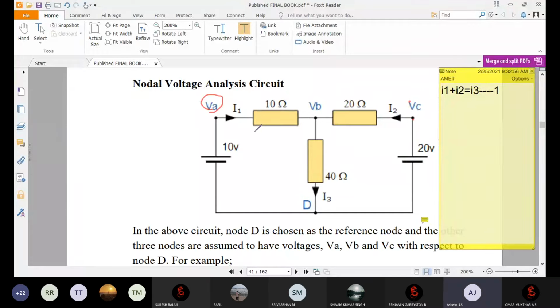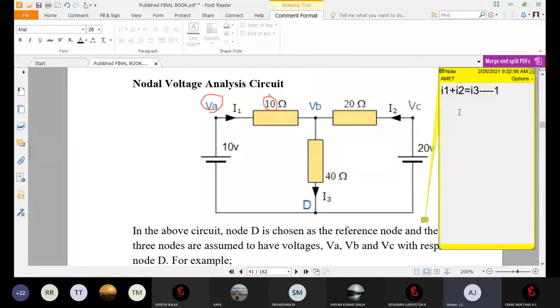Similarly, I1 I will represent as VA minus VB. You know I is equal to V by R. So the voltage is VA minus VB. What about R? R is nothing but 10. So I will make the equation as (VA minus VB) divided by 10. You got my point, guys?